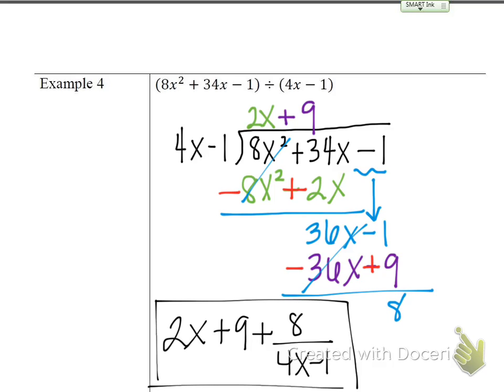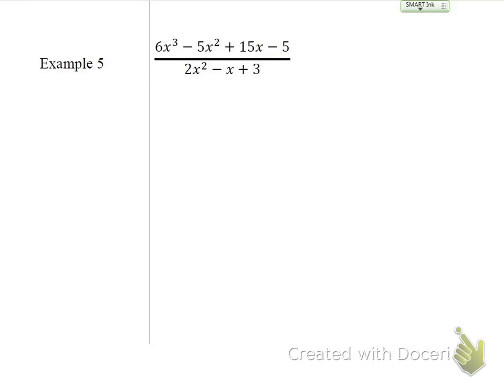Excellent. Okay, so we have 6x to the third minus 5x squared plus 15x minus 5 divided by 2x squared minus x plus 3. Here's what I want you guys to do. Set it up first for long division. So that's the first thing that you're doing is we're setting it up for long division.